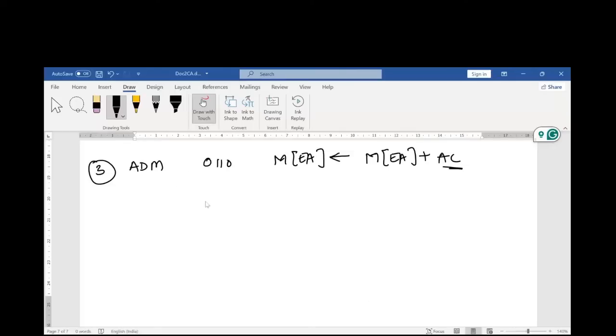Now here again, as you have to access the memory, first we write the ORG. What would be the ORG? 10 over here, 0110 and 2 zeros here. So ORG would be 24. Make the label ADM. Now, you know that as you need to access memory, the first line would be no operation, I call indirect.